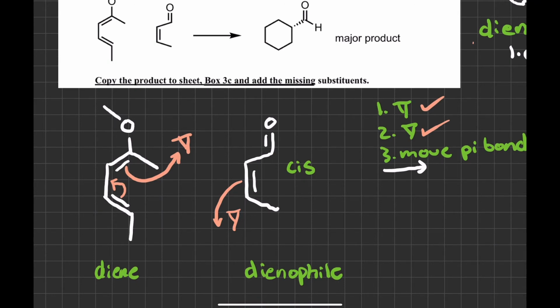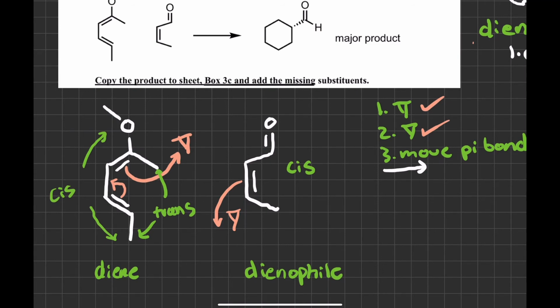Now let's check out the stereochemistry of the diene. So these two methyl groups are trans to each other. So the relationship is trans, as they are facing opposite directions. The ether and the methyl group are in cis conformation with one another, as they're facing the same side.